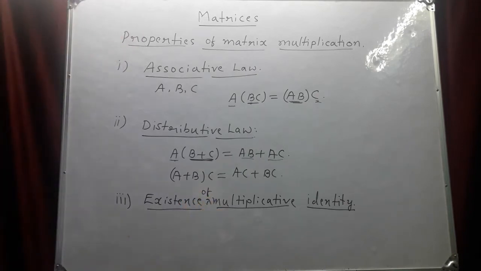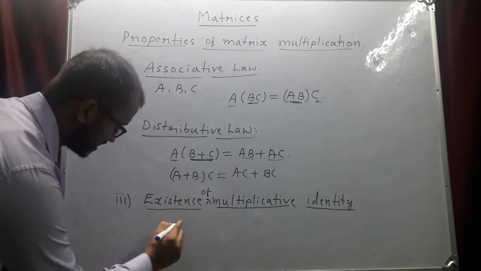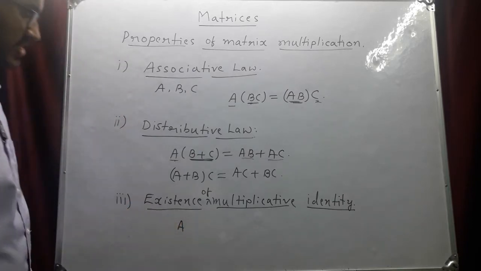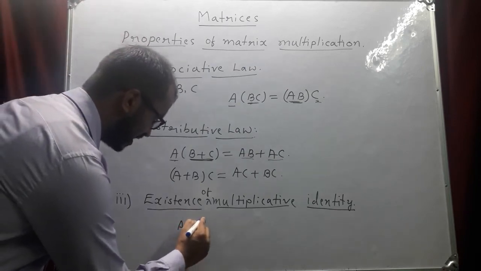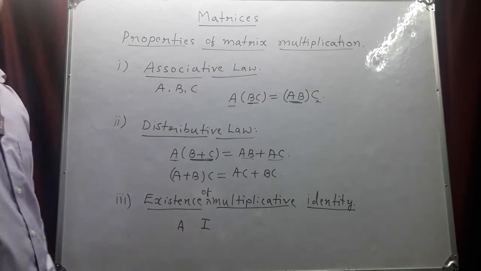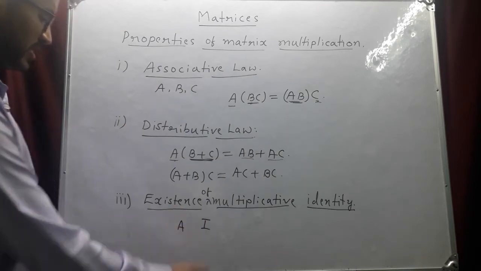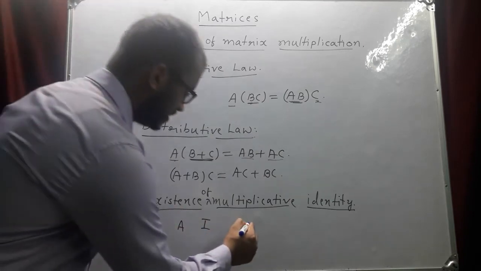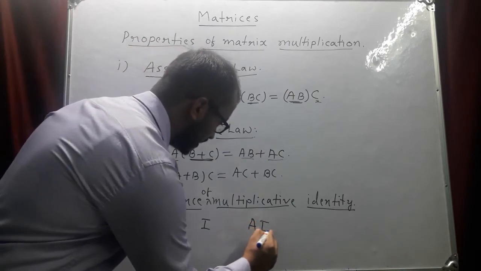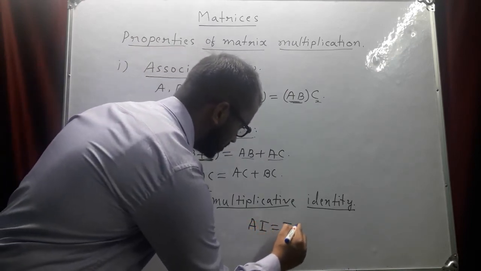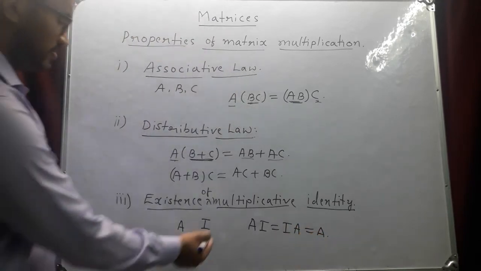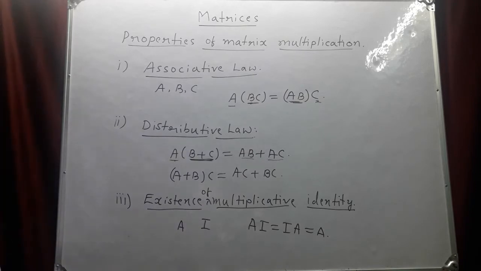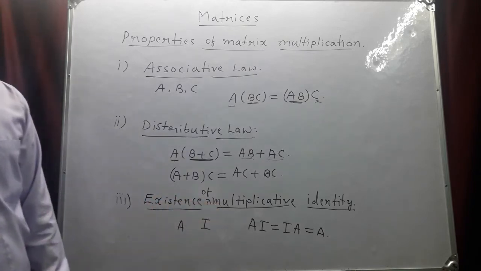So, existence of multiplicative identity. For any square matrix A, there exists the identity matrix of the same order, that is of the order of matrix A, such that A into I is equal to I into A is equal to A. So I is the multiplicative identity in matrix multiplication.